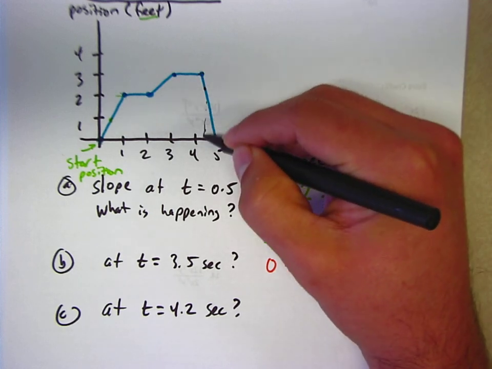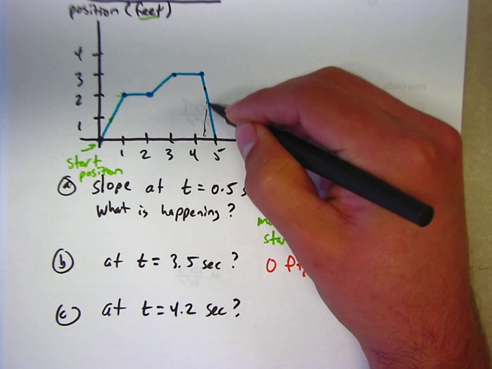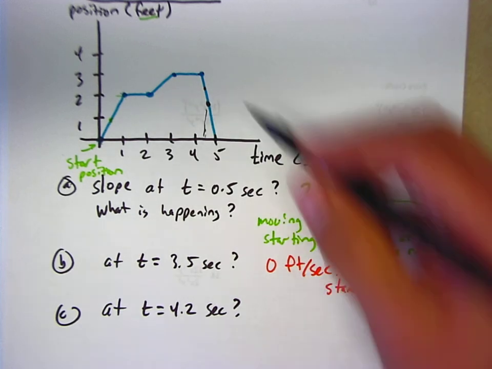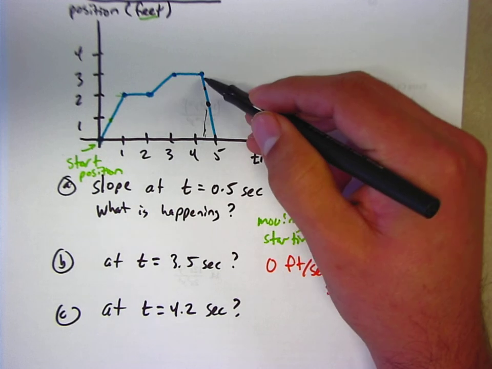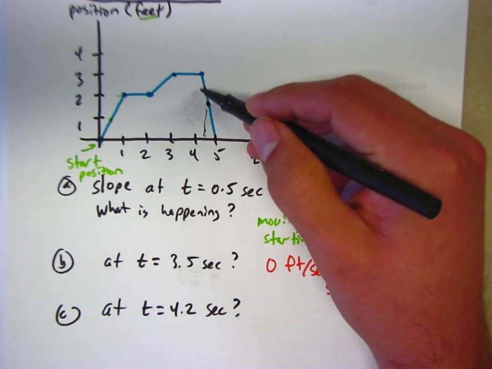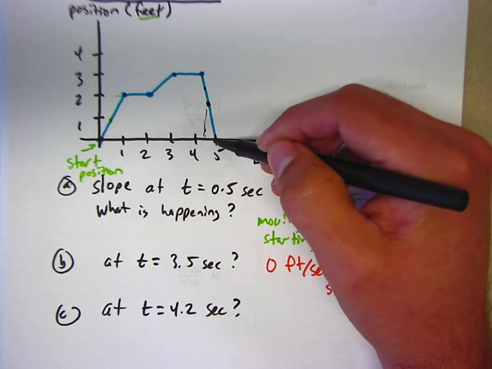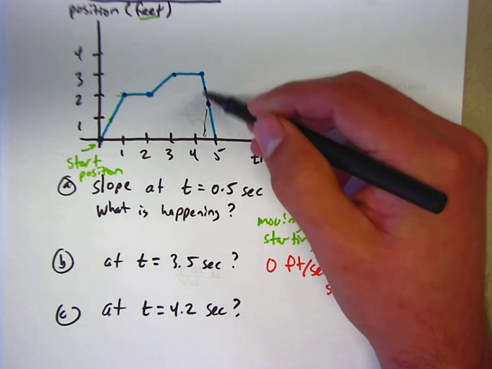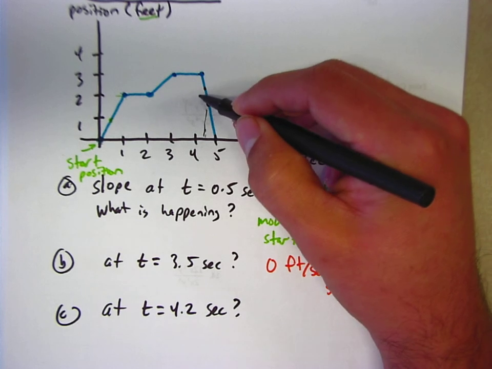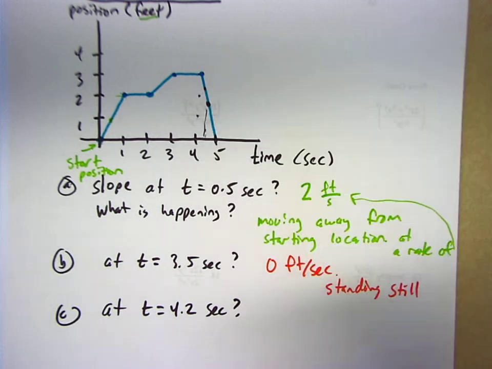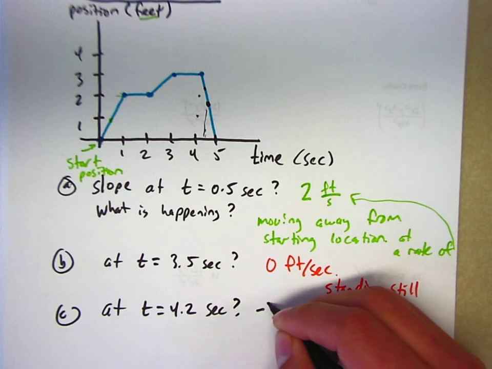What would the slope be for this? Negative 5. Careful with that. Let's do rise over run. Would it be negative 5? It would be negative, but it's not 5. How far are we going down? Negative 1, 2, 3 over 1, right? So that's negative 3.